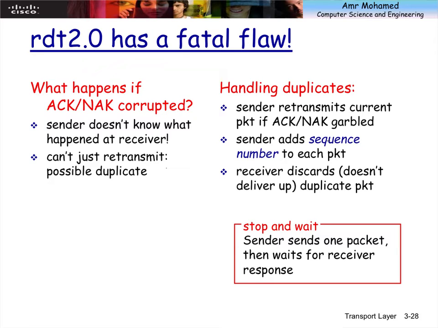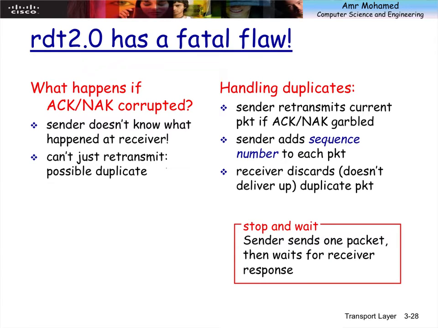So if the packet is lost, okay, the sender sends the packet and the packet is lost, right? If the packet is lost, then the acknowledgement will not be sent on the other side. So there is a chance that the transmitter will retransmit the packet, okay, and there is a chance that you have duplicate packets.